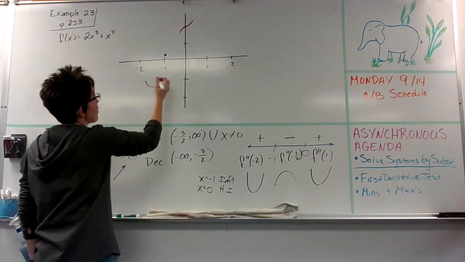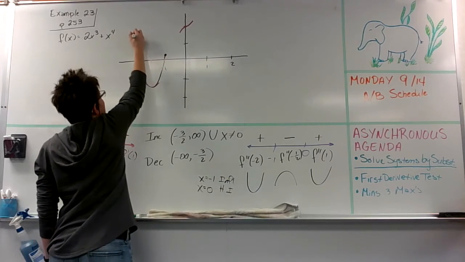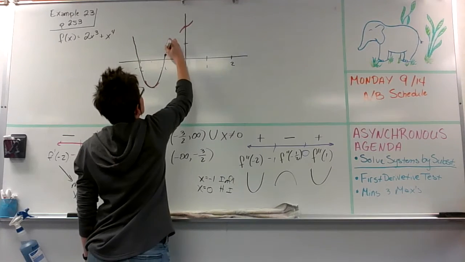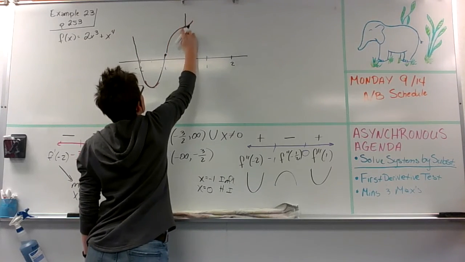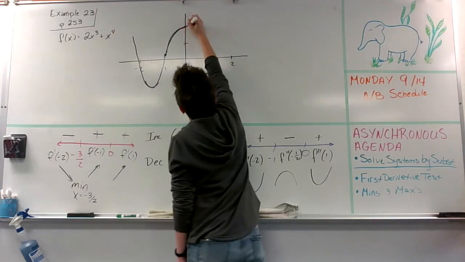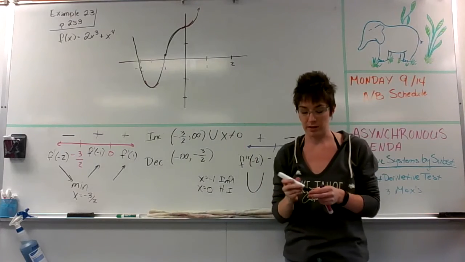So here's what my graph could look like. It's concave up, I'm being really precise about being concave up, and then it changes to concave down, and then at 0 it changes again to being concave up, and so my function might look something like this.